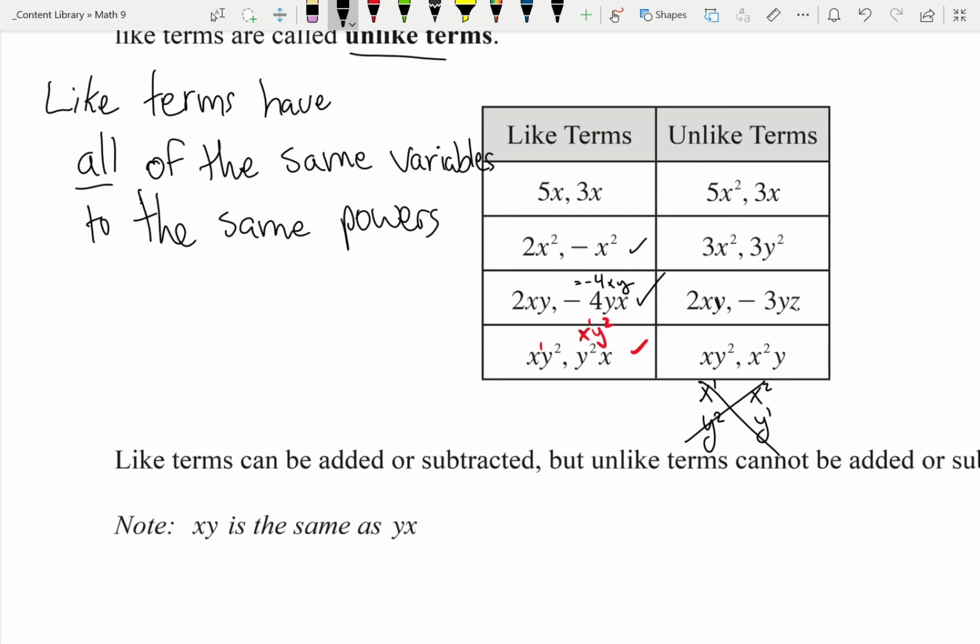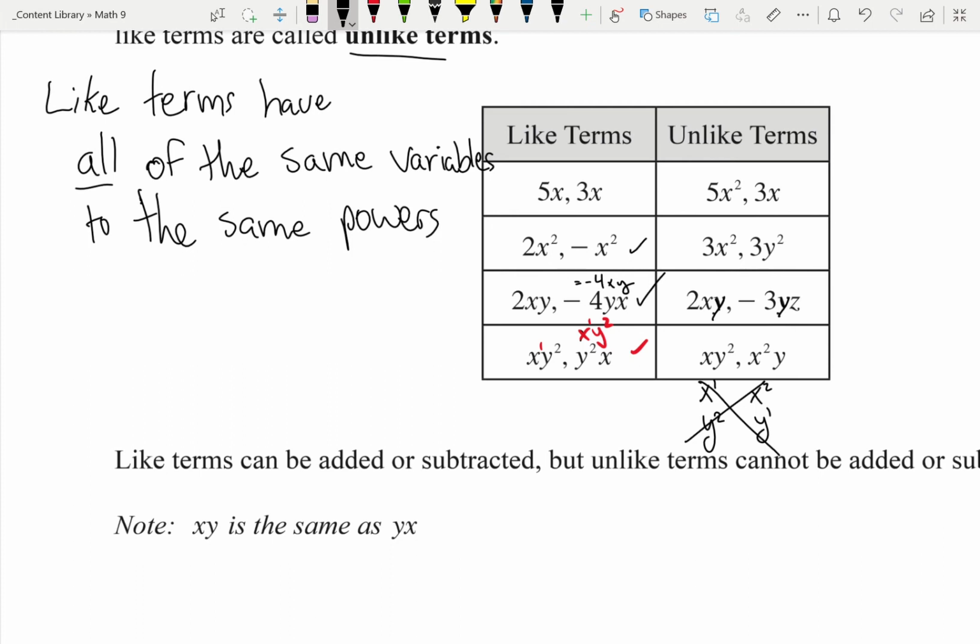If they share one, like in this case where we have 2xy minus 3yz, sure there's an x and a y, and this one has a y and a z, so they share a y, but this one doesn't have a z and this one doesn't have an x, so I can't work with it.